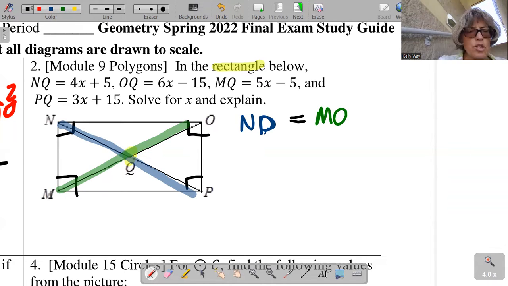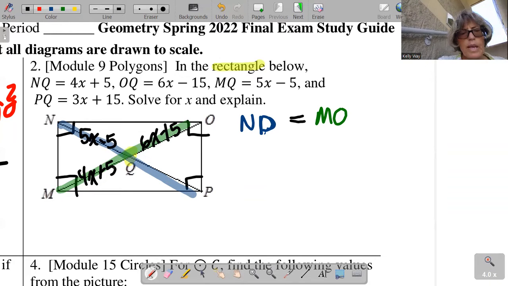What are you given? You're given n to q and q to o and m to q and p to q. Don't know why you need all this. They've given you extraneous information because of the midpoint.